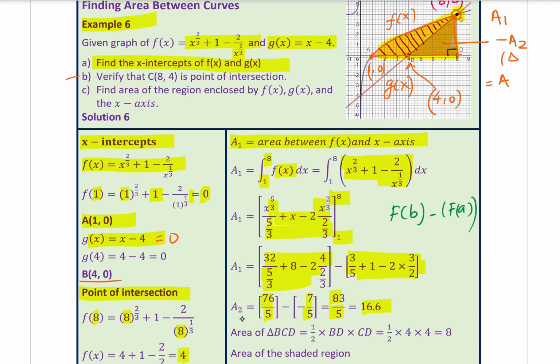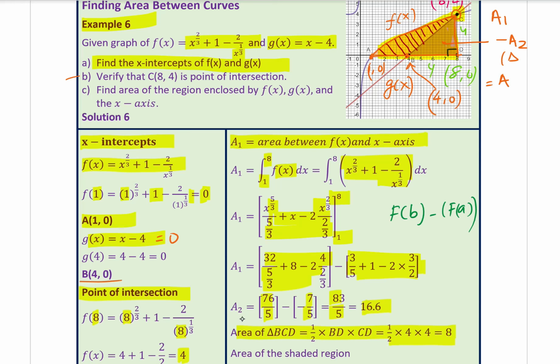So that is the whole area, but we are only interested in the shaded region between the x-axis and the two curves, right? Not the triangle. So we'll take away the area of the triangle. Area of a triangle is half base into height. Now the base is 4 units, since we know the other point is at 8, 0. So the difference here is 4.